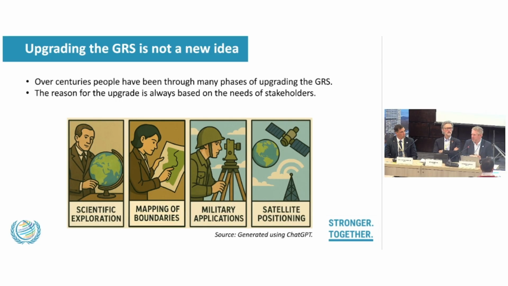All their data sets lined up, it worked very well. But then with the advent of GPS coming in, people wanted to modernize. They wanted to make sure that their datum and their data was aligned with what was coming from satellites in real time, Earth observation data. But it always has to come back to your users, and we'll be thinking a lot about that this week.